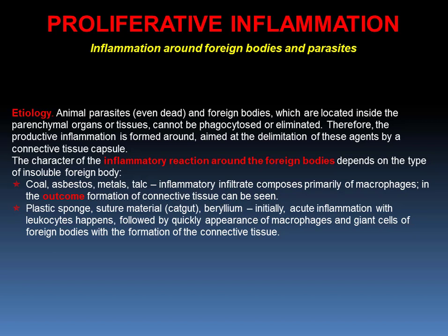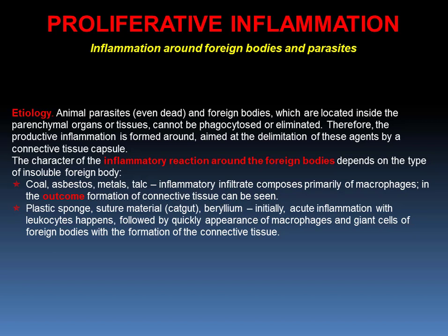Example of inflammation around foreign bodies and parasites is inflammation around Echinococcus. Microscopically, we will see multiple inflammatory cells which surround the chitin capsule of parasite.